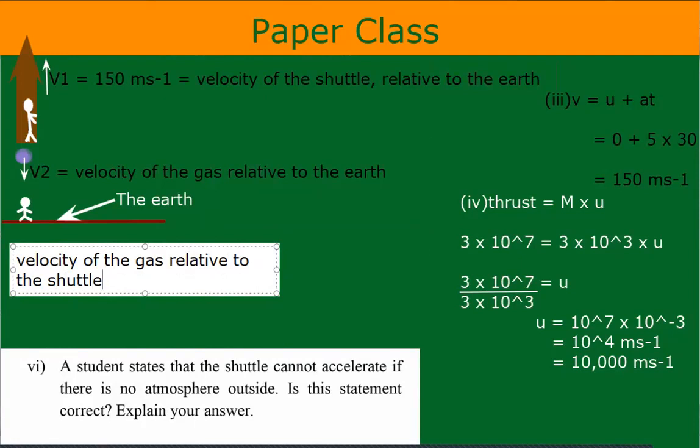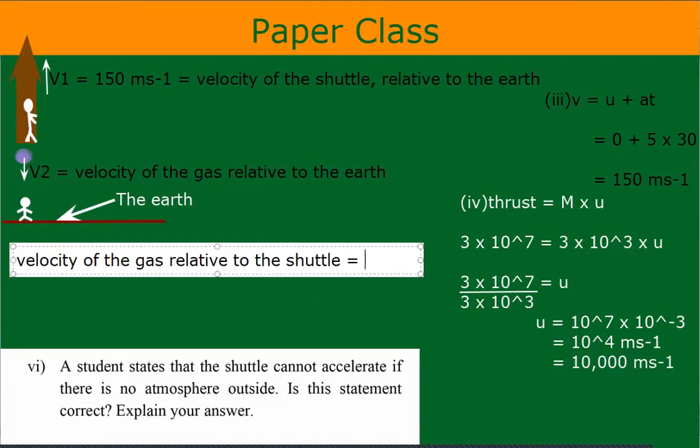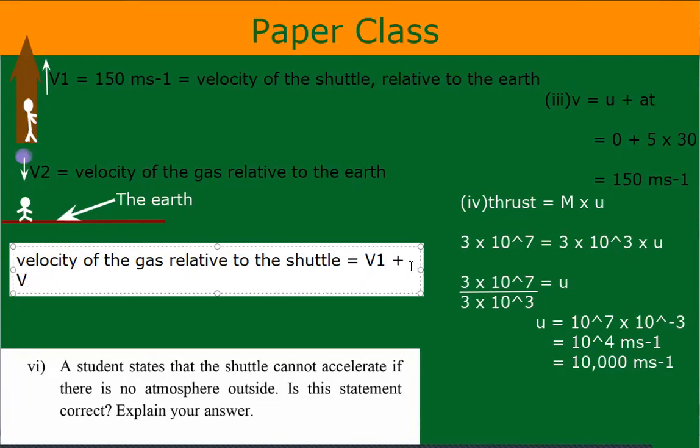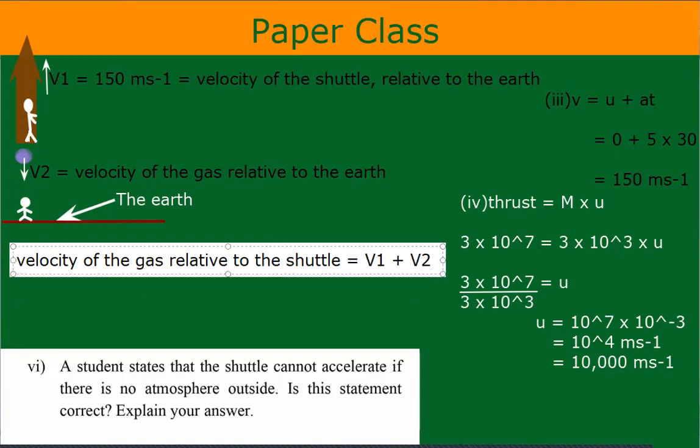The shuttle and the gas are moving along the same path in opposite directions. So, the velocity of the gas relative to the shuttle is the summation of the two velocities, V1 and V2. Please remember that V1 and V2 are two velocities relative to the Earth.